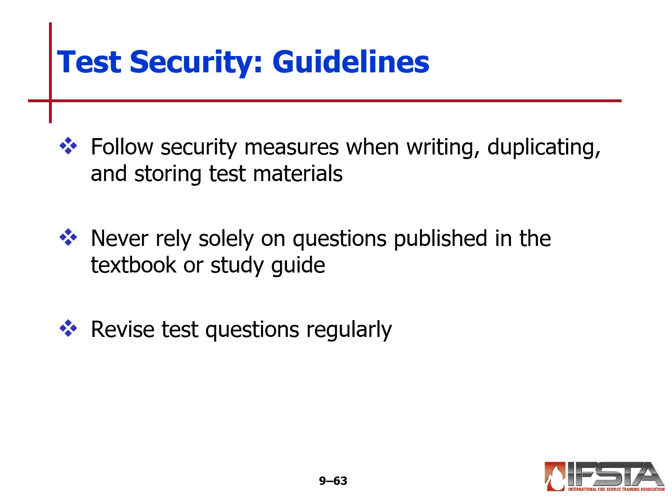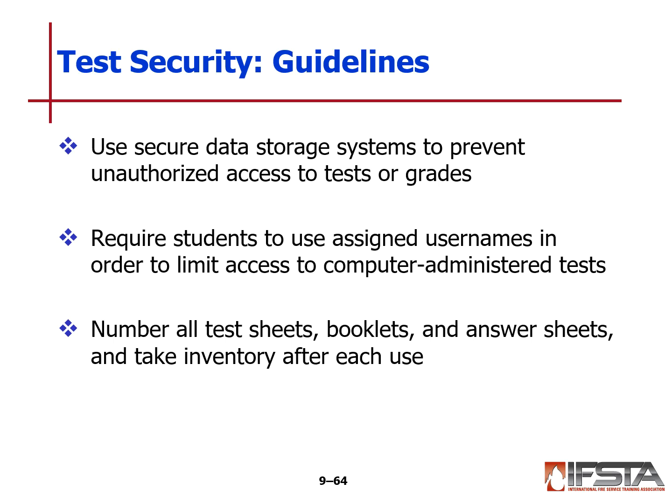Never rely solely on questions published in the textbook or study guide. Revise test questions regularly. Use secure data storage systems to prevent unauthorized access to tests or grades. Require students to use assigned usernames in order to limit access to computer-administered tests.